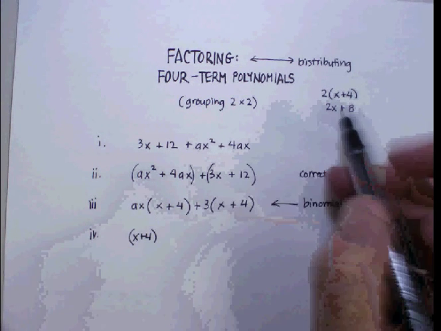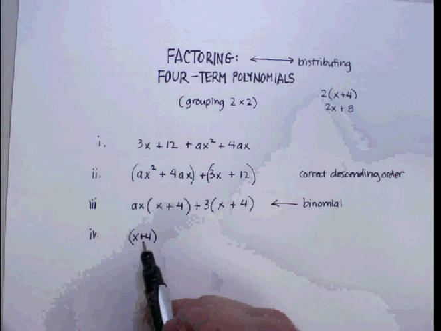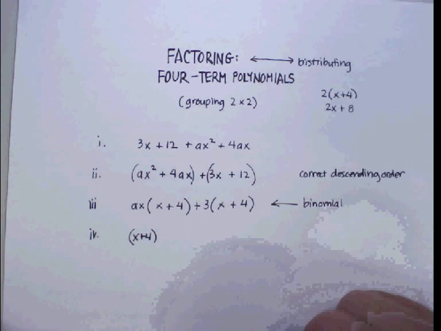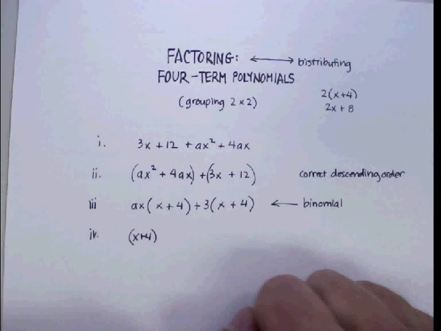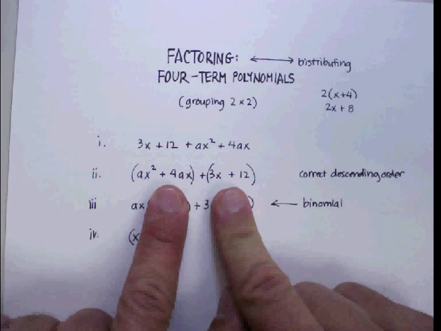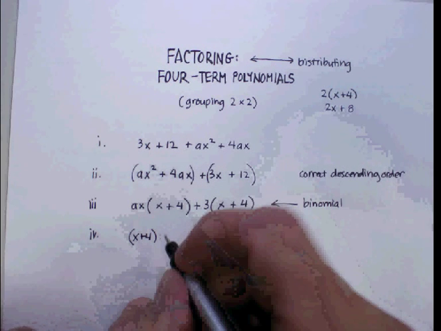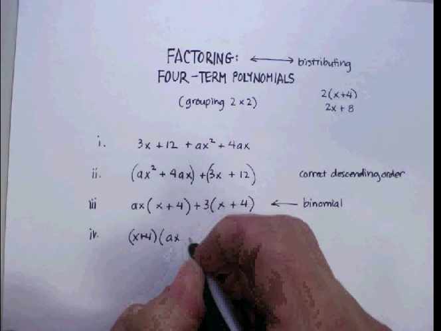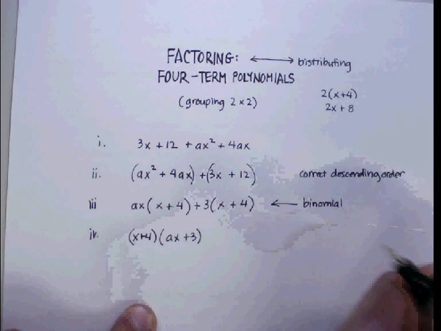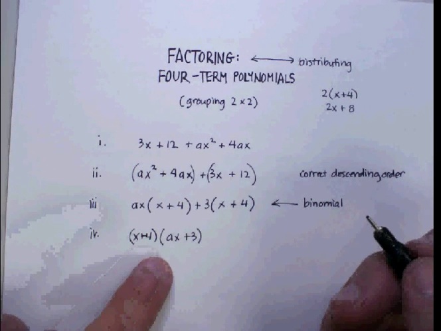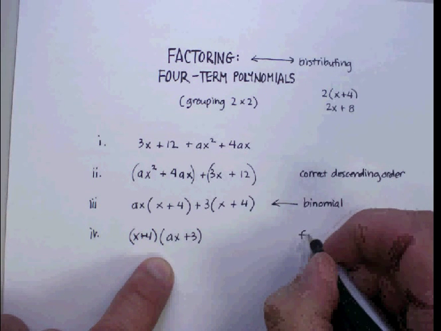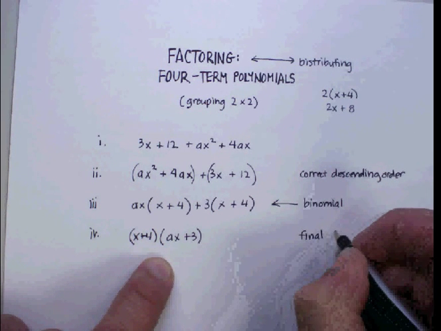Just like we pulled the 2 out of here, let's pull the x plus 4 out of there. Now what's left over? Cover up what you took out, and you'll see that it's ax plus 3. ax plus 3. That is your final answer. And here's your final factored form.